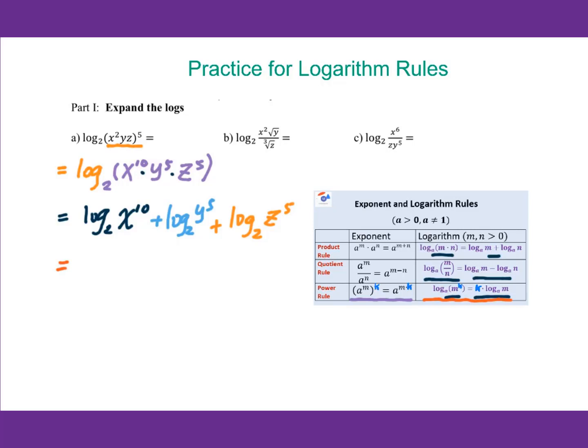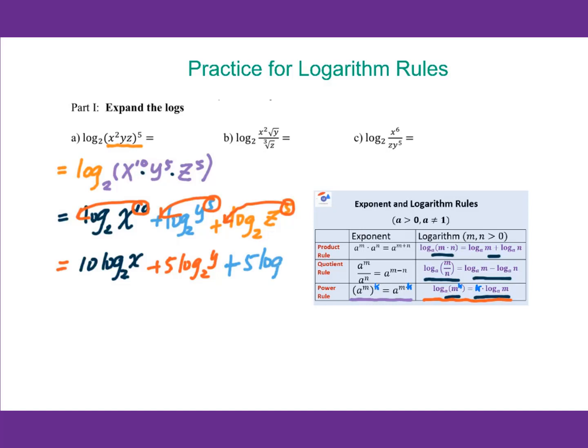So we got 10 multiplied by log base 2 of x, which means whenever you have exponents, drop down. So we got plus 5 log base 2 of y, then plus 5 log base 2 of z.